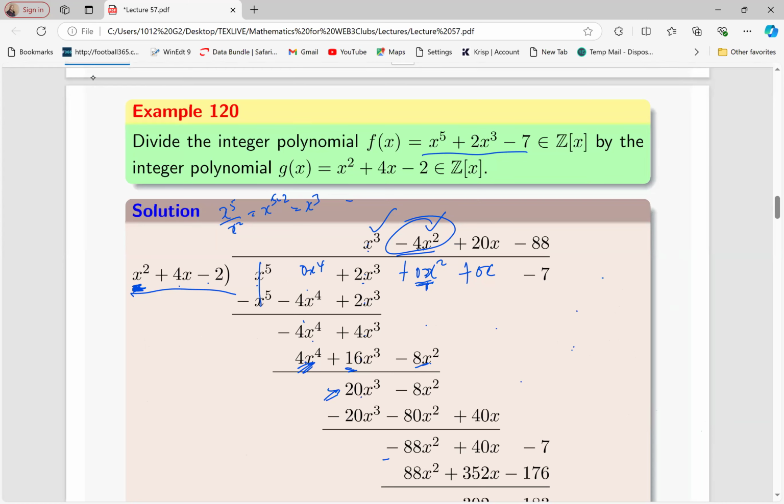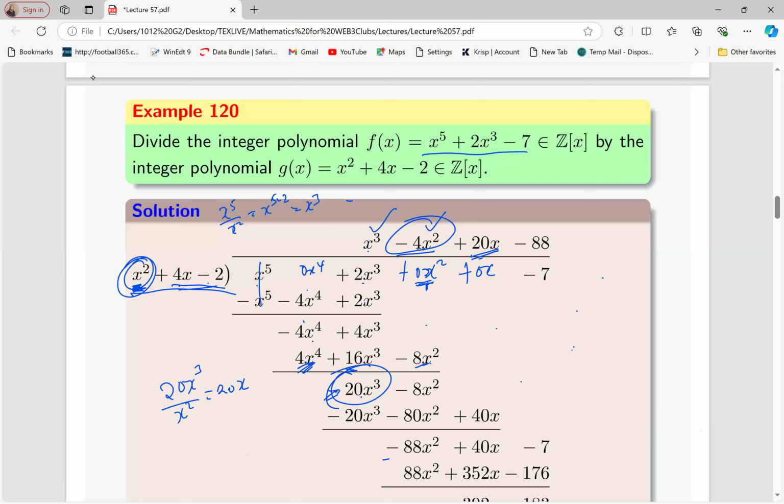Now, again, I'm not concerned about these other terms. I'm only concerned about the first terms. I ask myself, how many times does this first term go into this first term? So it will be 20x cubed divided by x squared, and this will be 20x.